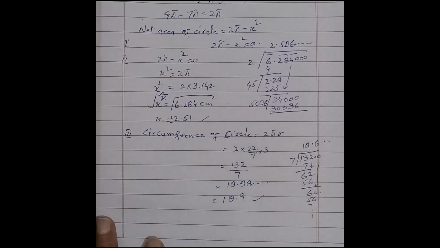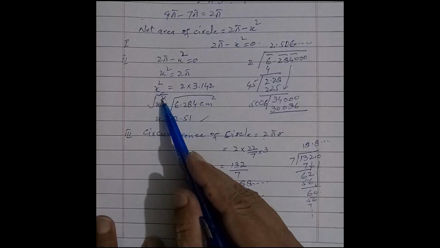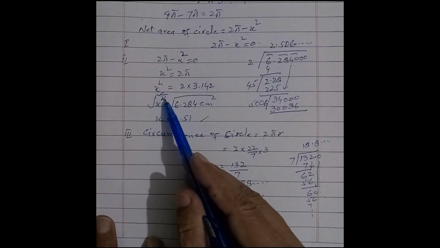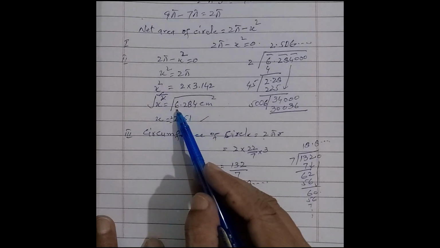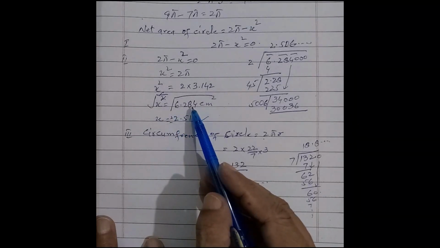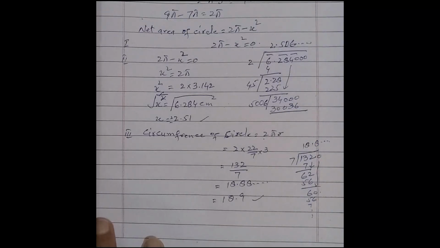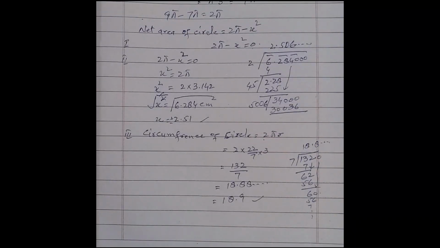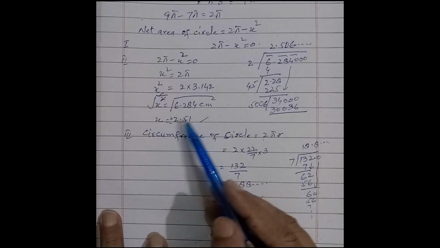To find the value of x, we take the square root on both sides. Square and square root cancel each other, so it is x, and we take the square root of 6.284. This is the procedure, or we can also use the calculator to find the square root of 6.284. The answer is plus minus 2.51, which is the value of x.